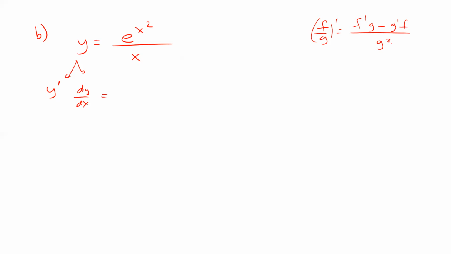The derivative of e to the x squared is going to be the same exact thing, multiplied by the derivative of that exponent, which is 2x. That's the top function. Then we also have the x itself that's coming from the bottom, that's g, the bottom g of x.